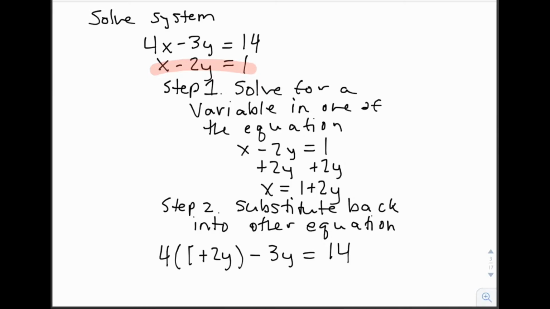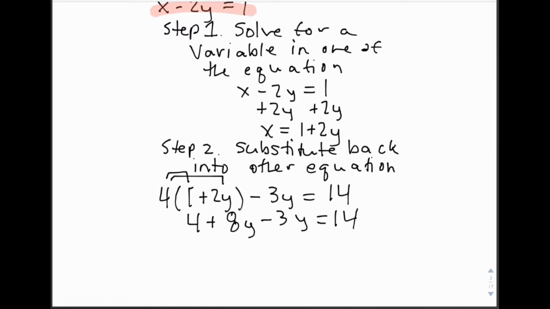So let's go ahead and simplify here. 4 times 1 and 4 times 2y will get us 4 plus 8y minus 3y, and that's finally going to be equal to a positive 14.